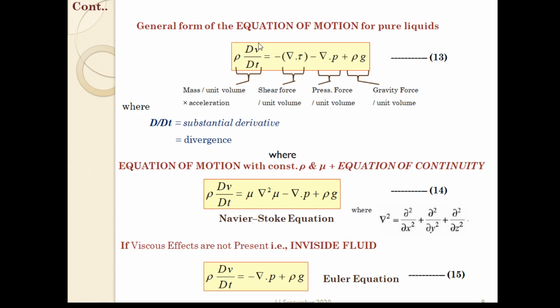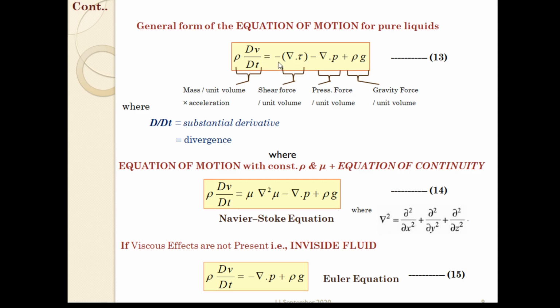Now the general form of this equation of motion is rho times the substantial derivative Dv Dt, where this Dv Dt term is the mass per unit volume multiplied with the acceleration.